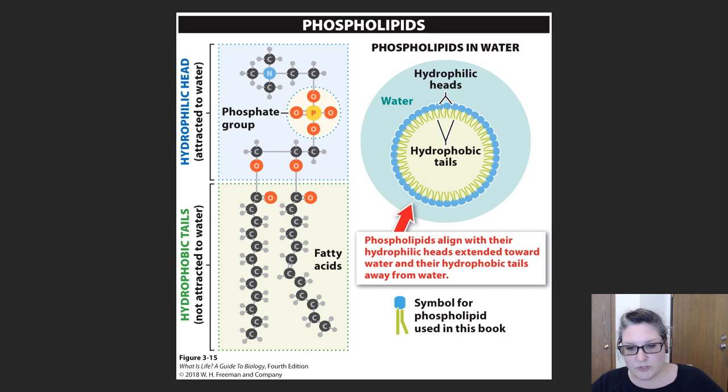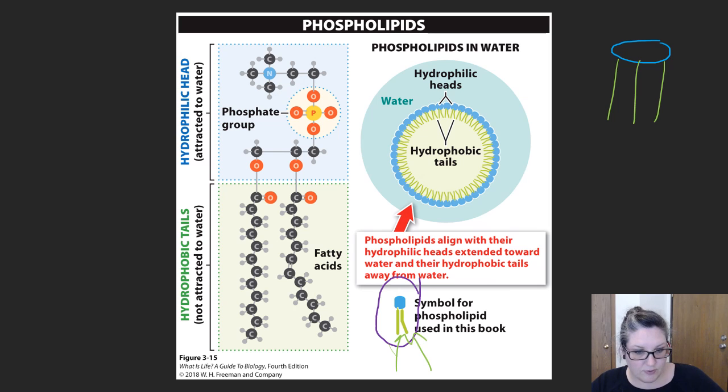The third type of lipid I want to mention are the phospholipids, and I'm just going to cover what they're made of here and really their basic function, because you're going to know more about them later on when we talk about the cell membranes. They are the major component of cell membranes, and as you see, the symbol is very similar to that of the triglyceride, if you recall, except there are only 2 fatty acid tails on the phospholipids.